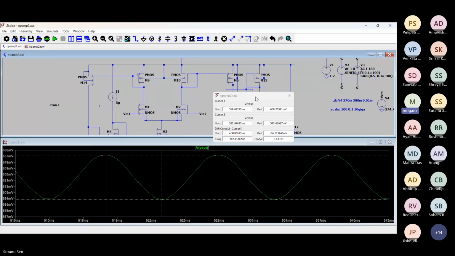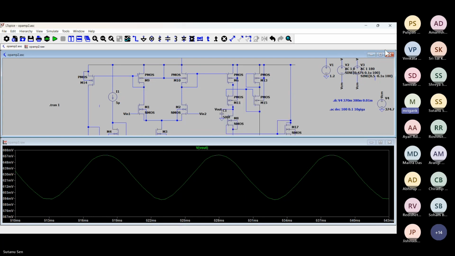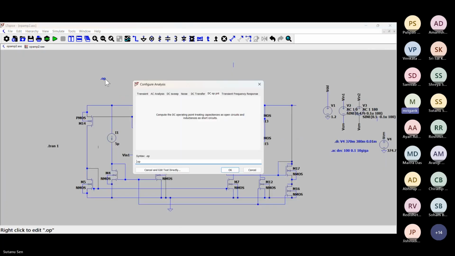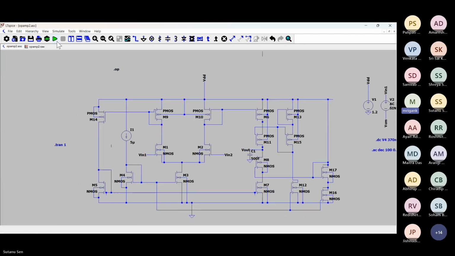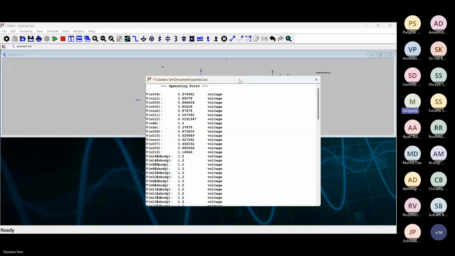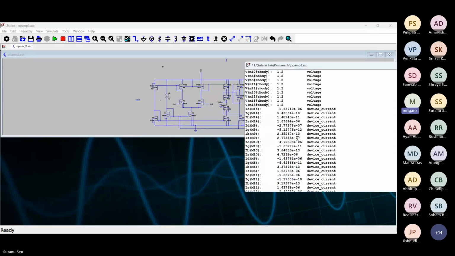From the DC point of view, look at the DC currents of M9 and M10 in this condition. What is happening? Yes, sir. Because here what we need is that the output should be close to the midpoint. And for that, whatever input difference you need to get that, we need to apply.